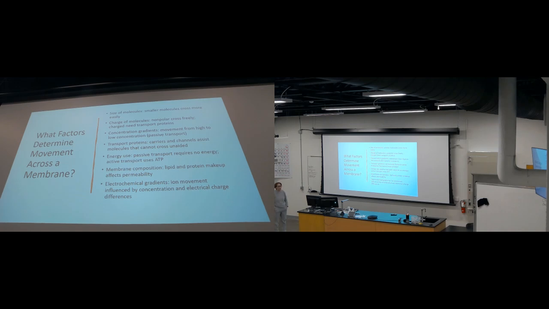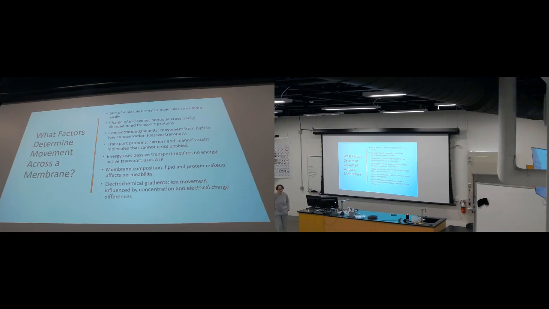And then the charge of the molecules. Non-polar molecules can cross the plasma membrane, which is nonpolar, at least in the hydrophobic portion, the fatty acid. Examples are CO2, or carbon dioxide, and oxygen.